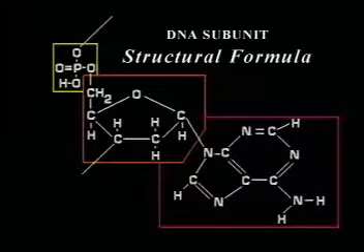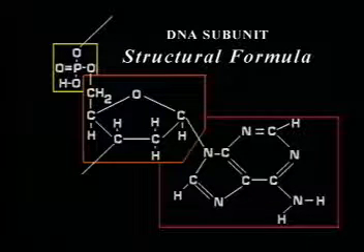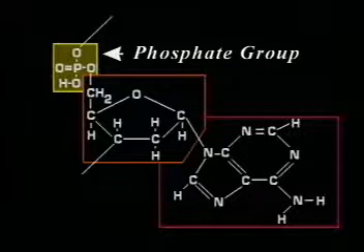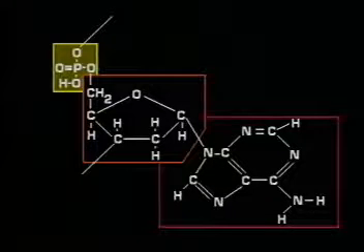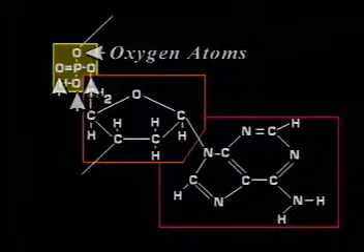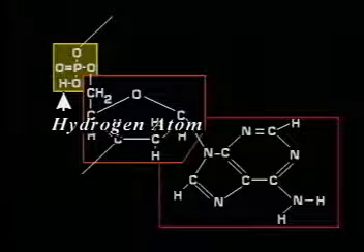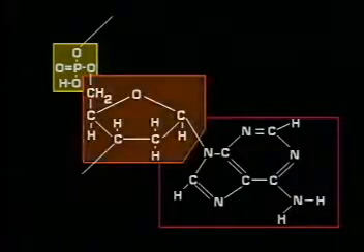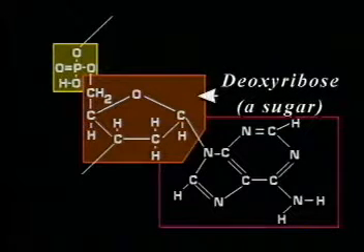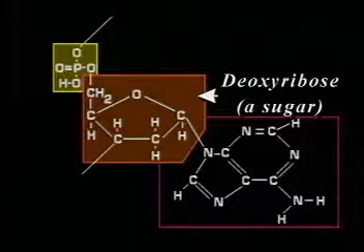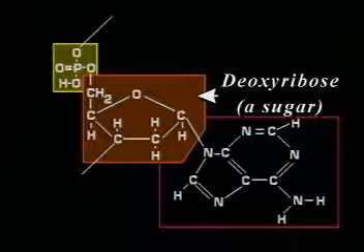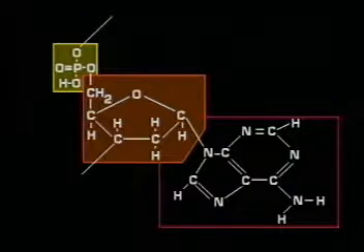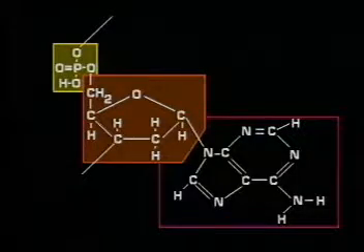For example, this structural formula shows that each DNA subunit contains a phosphate group composed of a single atom of the element phosphorus, P, bonded to 4 atoms of the element oxygen, O, plus a single hydrogen atom, H. Each DNA subunit also contains a sugar group called deoxyribose that is made from 5 carbon atoms, 1 oxygen atom, and several hydrogen atoms, all bonded together as shown here.